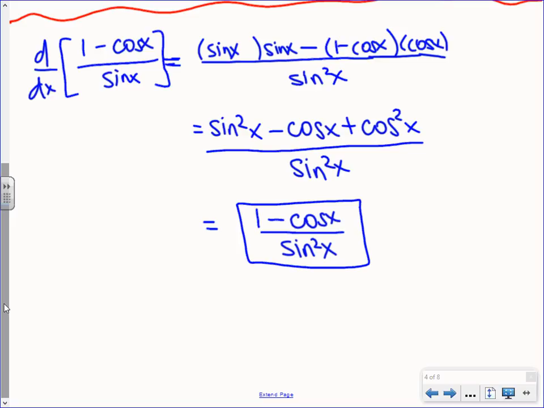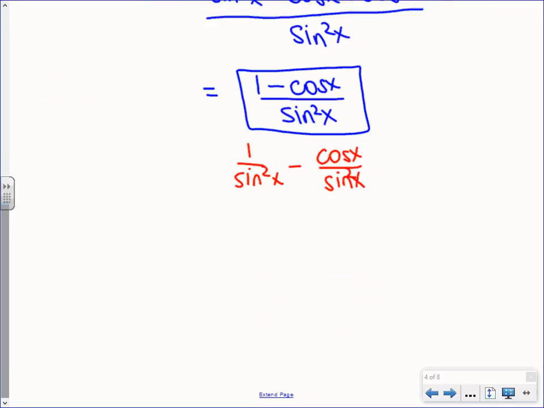If you wanted to get the same answer as up there, you would have to separate this fraction out. We know that 1 over sine squared is cosecant squared, minus cosine over sine is cotangent, and then we have an extra sine in the bottom. 1 over sine is cosecant. Okay, so we do have equivalent answers. They're just going to look different if you do them 2 different ways.